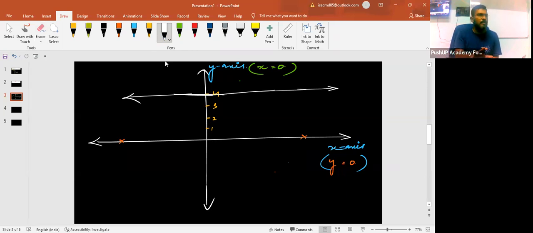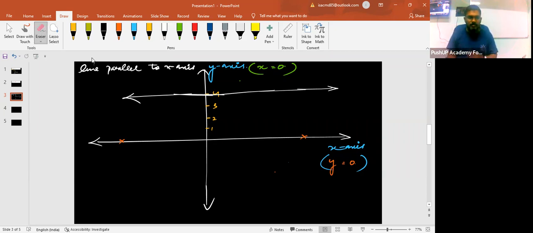Did you all notice I have drawn a white colored line, which is passing through which point? 4 on the y-axis. Okay, 4 on the y-axis, and it is parallel to the x-axis. I'll write it here. What is this line? It is a line parallel to the x-axis.